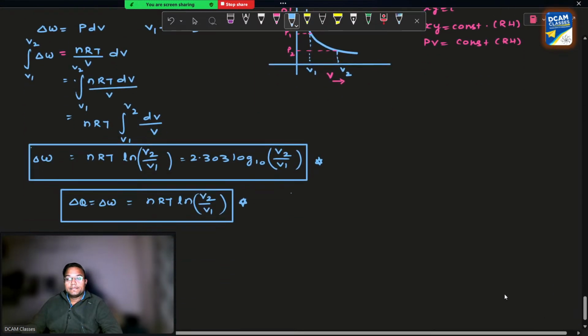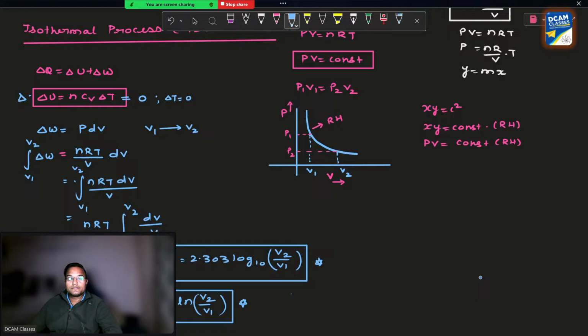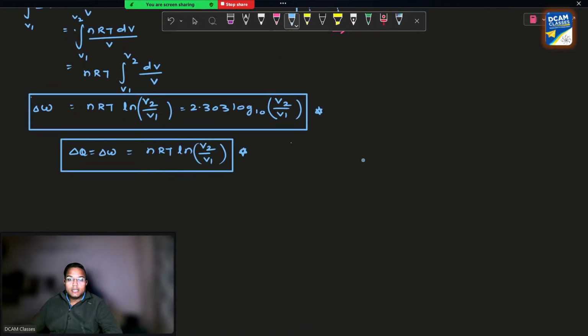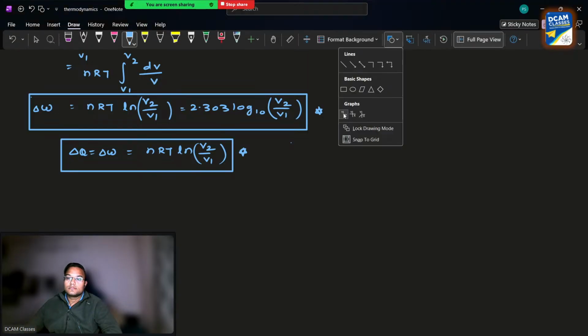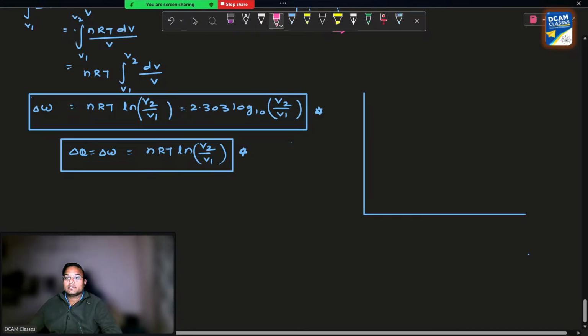Okay, see. Understood these three things? Now I have one question. If I'm drawing such a graph, see, I have drawn the PV graph like this.